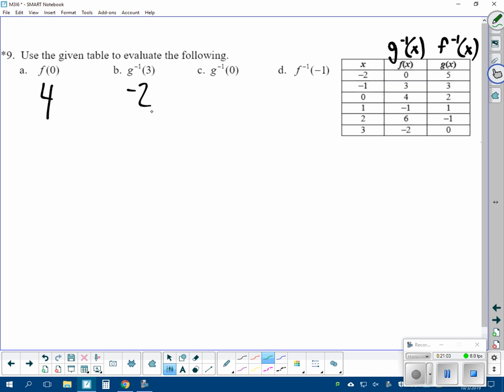Okay, wait, rewind to B. Remember that f and g are inverses. So if we are looking for the inverse of g, what is the inverse of g? It's f. Okay, so when your input is 3, the inverse of g would give you -2.